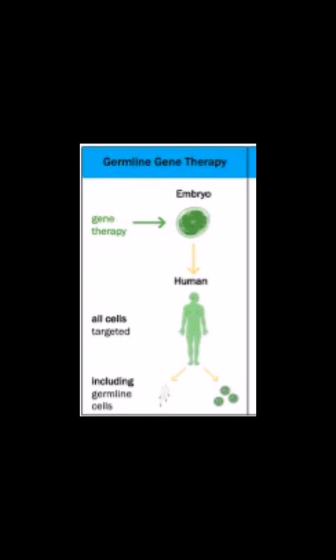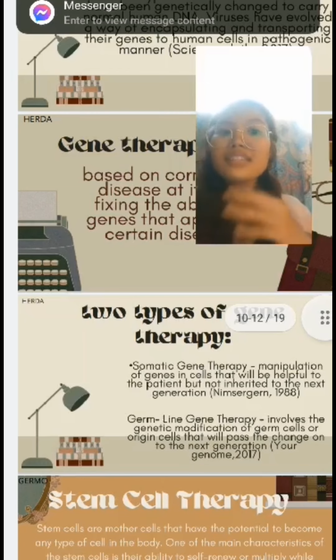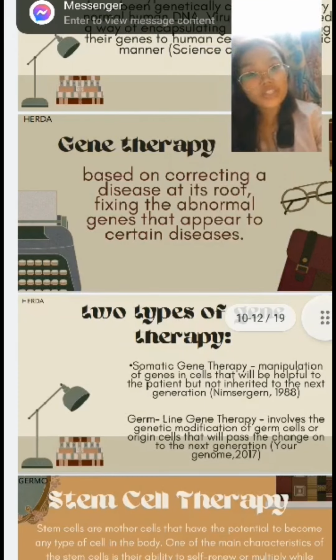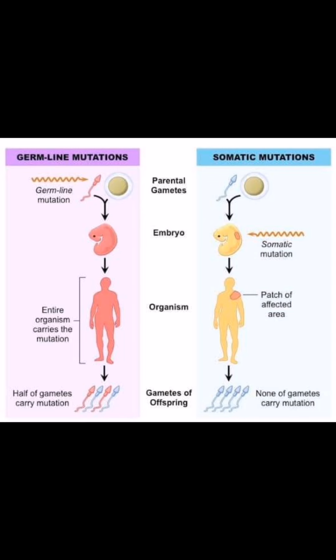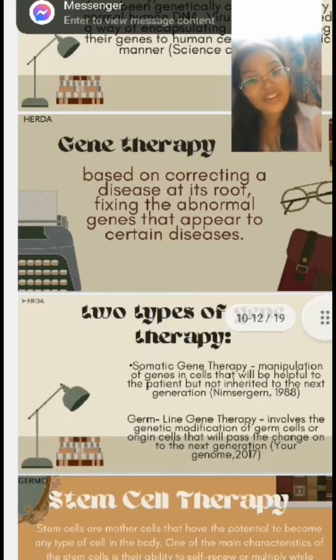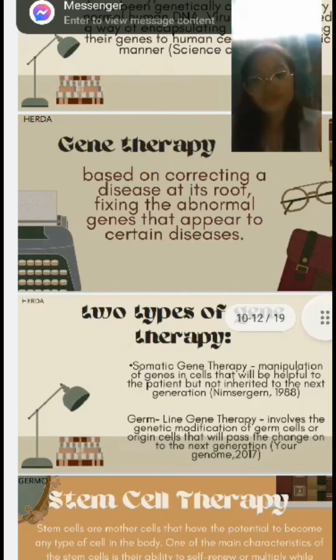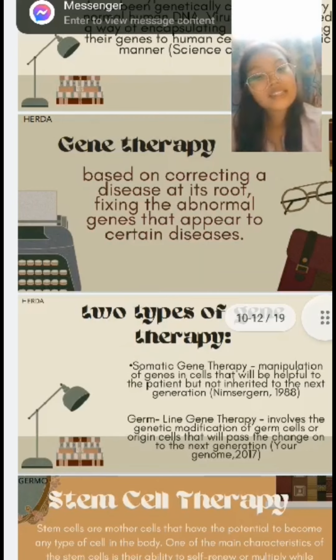It involves the genetic modification of germ cells, or cells that will pass the change on to the next generation. So the difference between these two types of gene therapy is that somatic gene therapy is the manipulation of genes in cells which is not inherited by the next generation, while germline gene therapy is the modification of germ cells and it will pass the change on to the next generation.